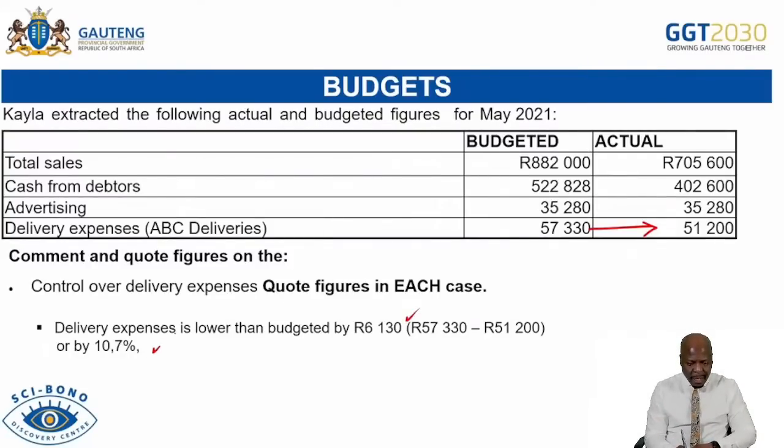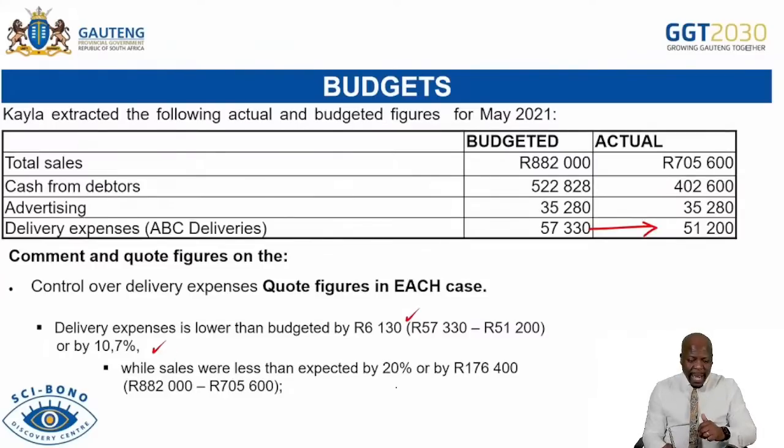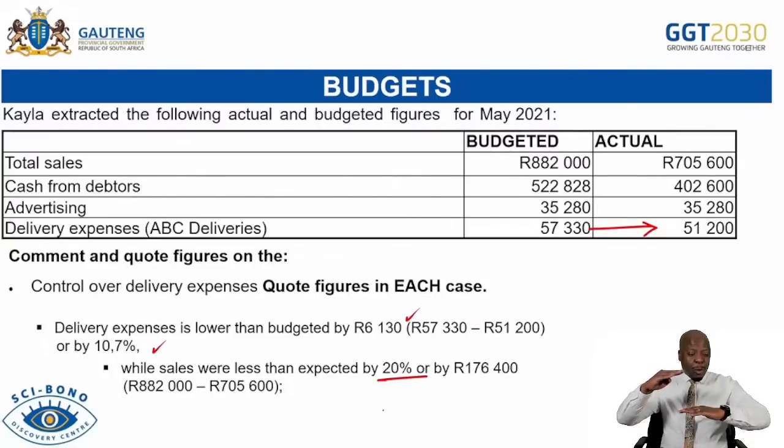That is by 10.7%. You see, it has declined. However, if you look at the decline in sales, the decline in sales was 20%. Yet in delivery, it is only 10%. It shows that our deliveries are not directly proportional to our sales. They have to be directly proportional. They have to be directly related.